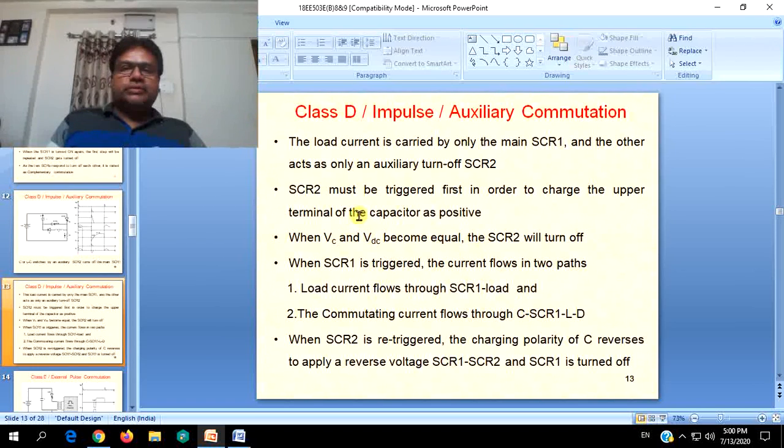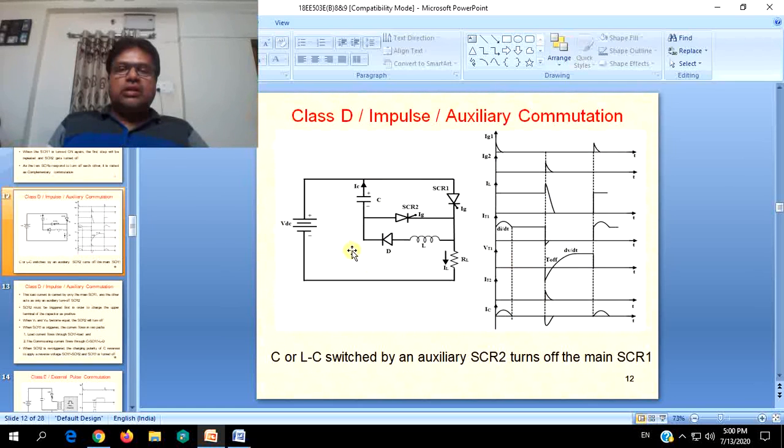To start with the actual circuit, the SCR2 must be triggered first. Just after switching on the source, the total circuit will be off, both SCRs will be off, no conduction will be taking place. In that condition, capacitor charge will be 0. Now we have to turn on the auxiliary SCR.